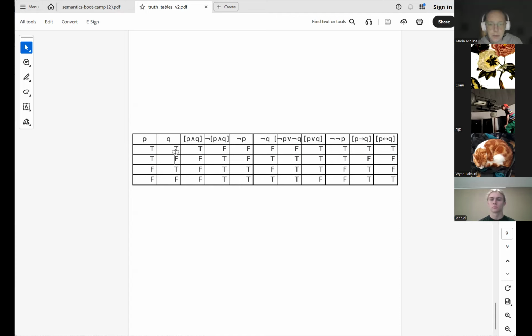And the contrapositive is: if Q is false, then P is false. Which should fail only when P is true and Q is false.